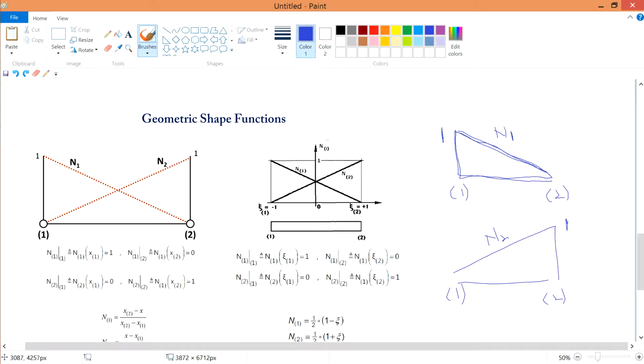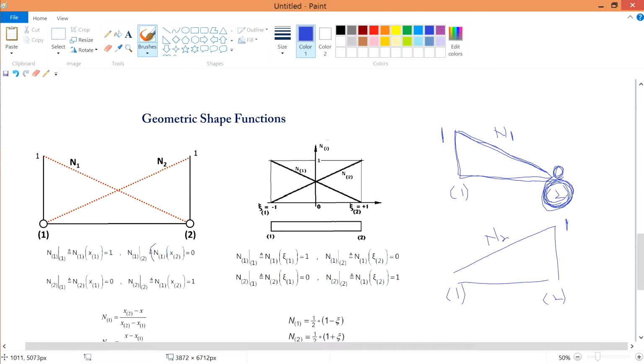Alright, so therefore, as you can see, the shape function N1 at node 1 is equal to 1. The shape function N1 at node 1, x1, is equal to 1, and then the shape function at x2, or node 2, is equal to 0, as you can see.